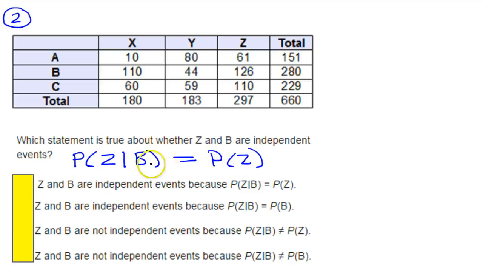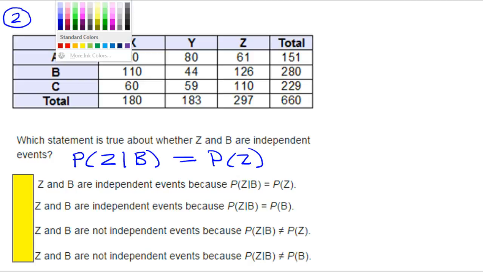In other words, if they're independent, it shouldn't matter if we're given this additional information. So we need to calculate both of these and see if they're equal. If they're equal, they're independent. If not, they're not independent.